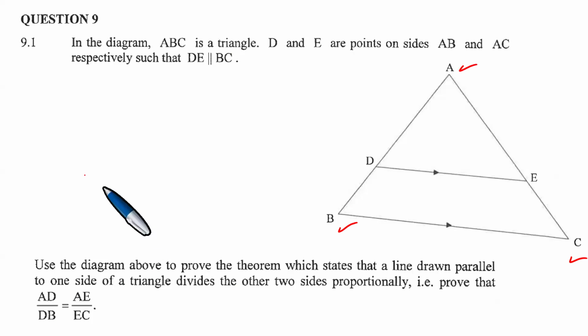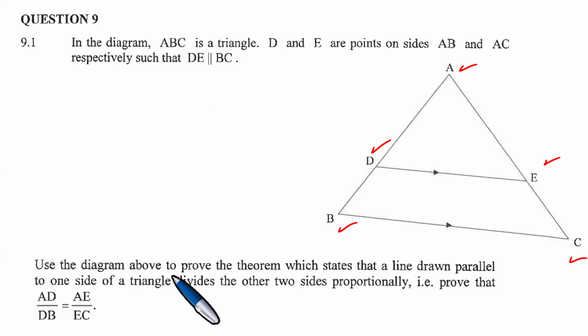Okay, right. So we have the triangle ABC, and D and E are points on sides AB and AC respectively, such that DE is parallel to BC.